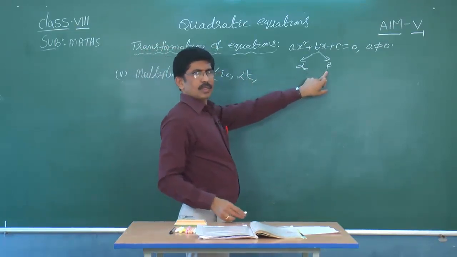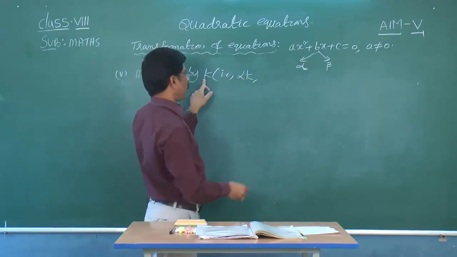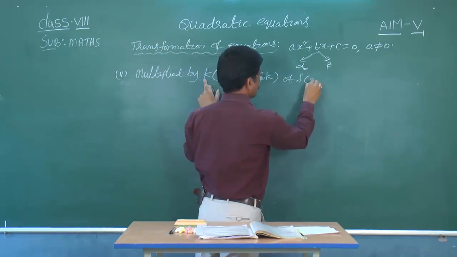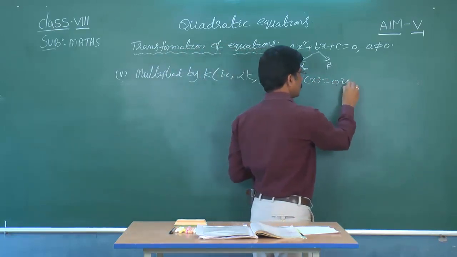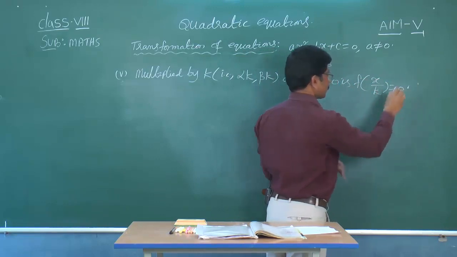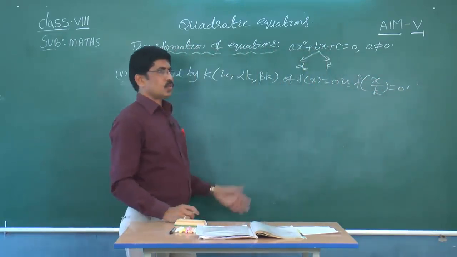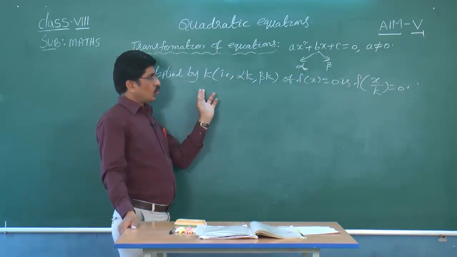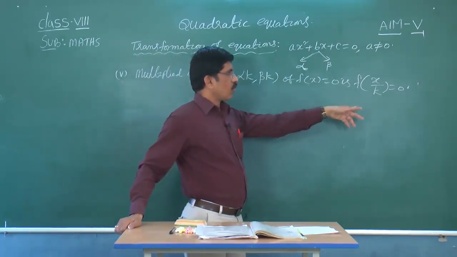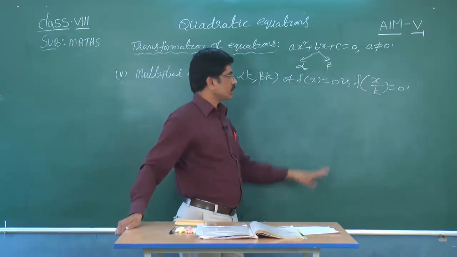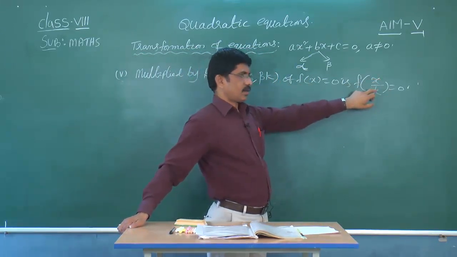The second root is beta, multiplied by k it is beta k. Of f of x is equal to 0, it becomes f of x by k is equal to 0. When roots are multiplied by k, the required equation is obtained by dividing x in f of x by k.